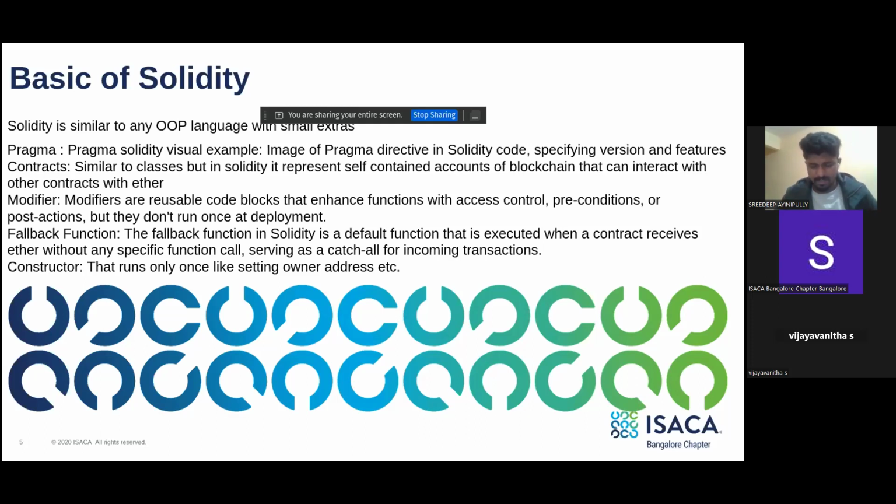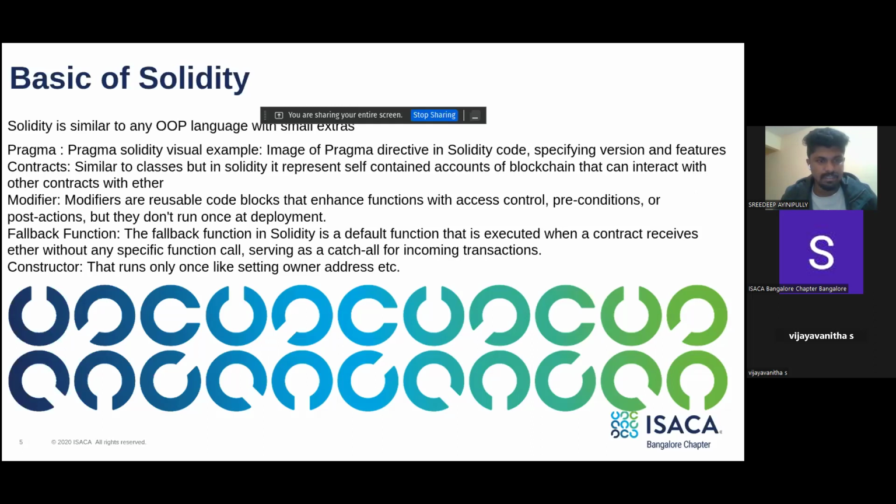Only some things are different here. I have listed Pragma over here. Pragma defines which compiler we're going to use. I'll show you the original smart contract from a real-world scenario.